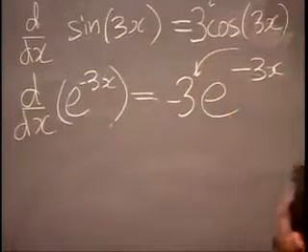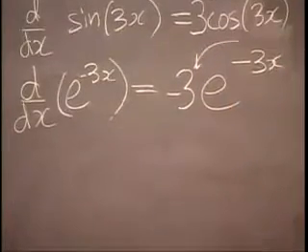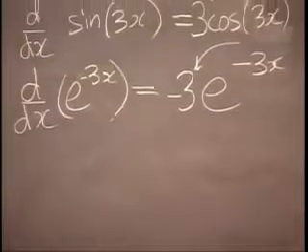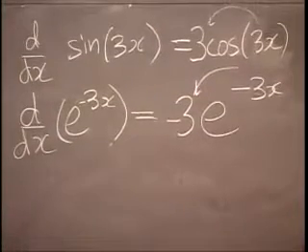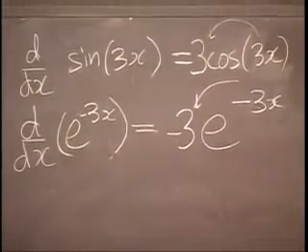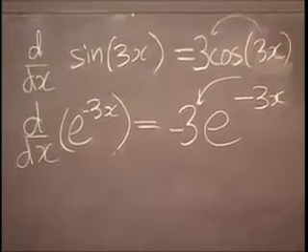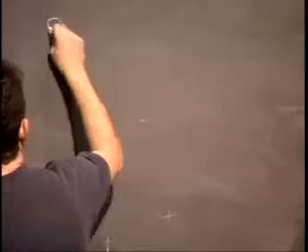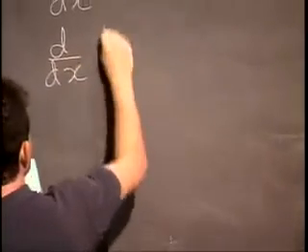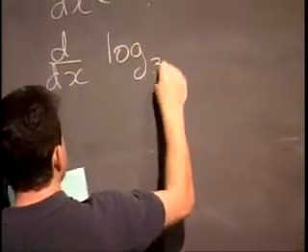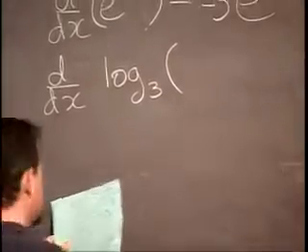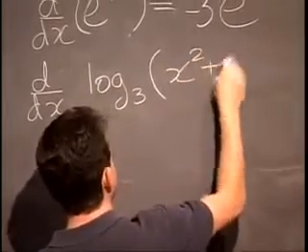It's exactly the same template. So the derivative of e to the 7x is 7e to the 7x. Not so bad. Of course, if you do get something more complicated like this, what is the derivative of log base 3 of x squared plus cosine x?